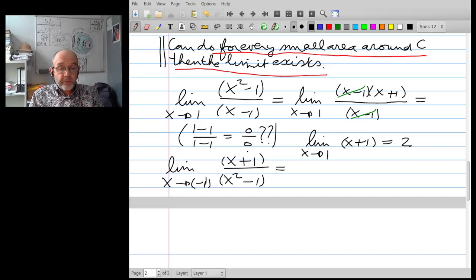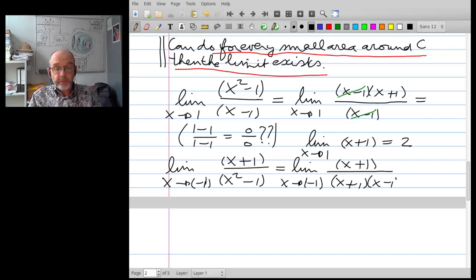But here what do we have? 0 divided by 0, same problem. We have to do some calculations. I see the x squared minus 1. It is nice to write it as a product of polynomials of first degree: x plus 1 times x minus 1. You see that the x plus 1 terms fall away, and then you can fill in minus 1, and we have minus 1 over 2.